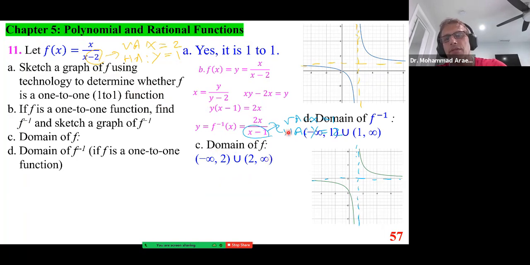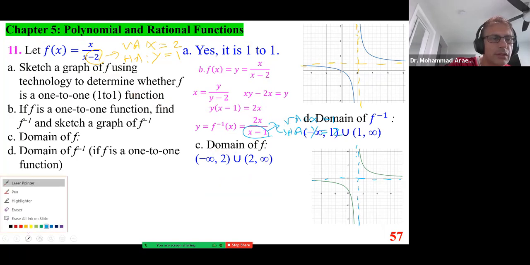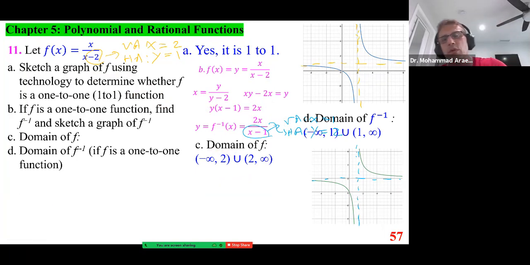Let me erase this so we can see what we have here. So x minus 1 equal to 0 and exclude 1. So that's the domain of f inverse.